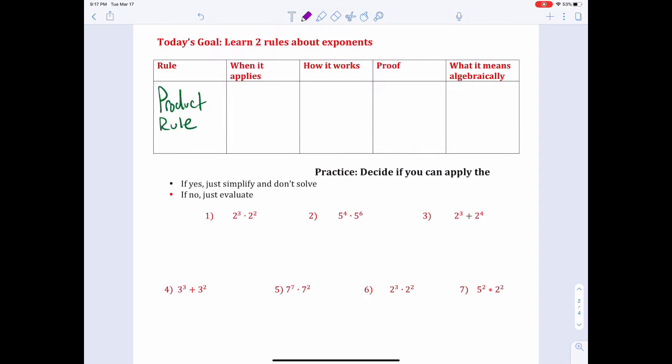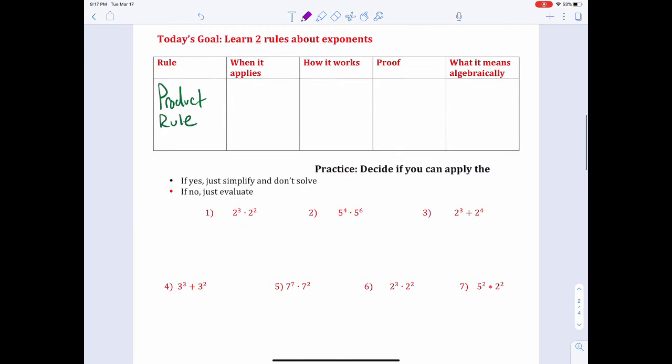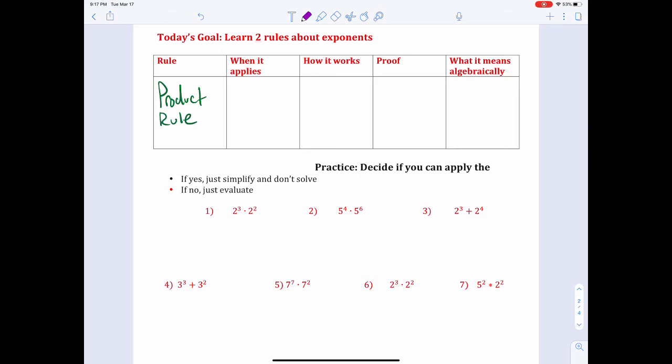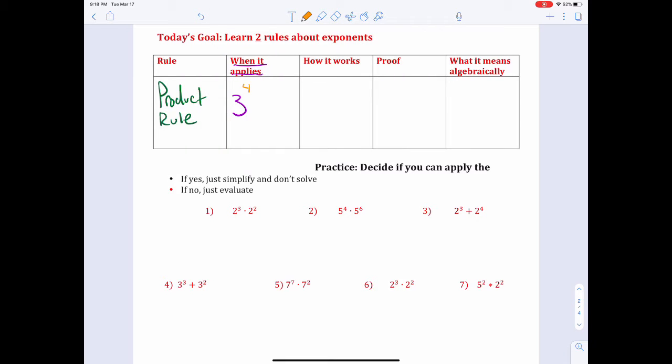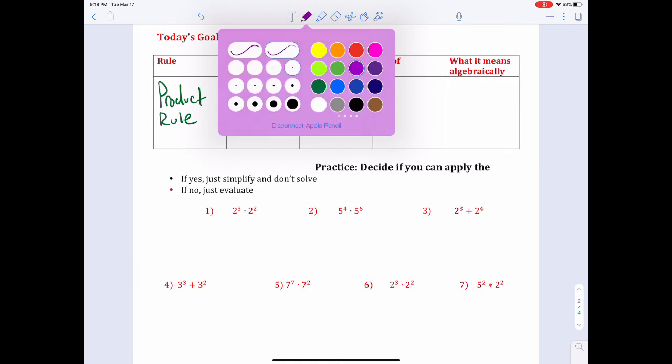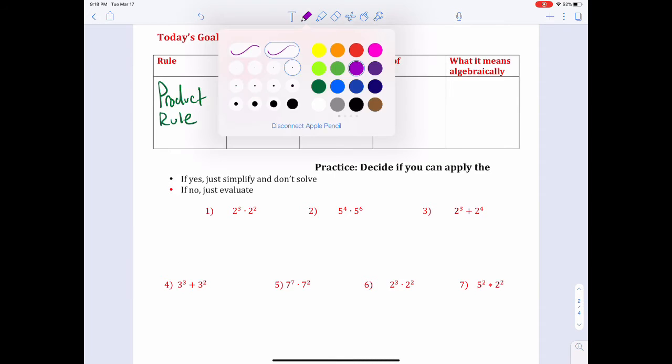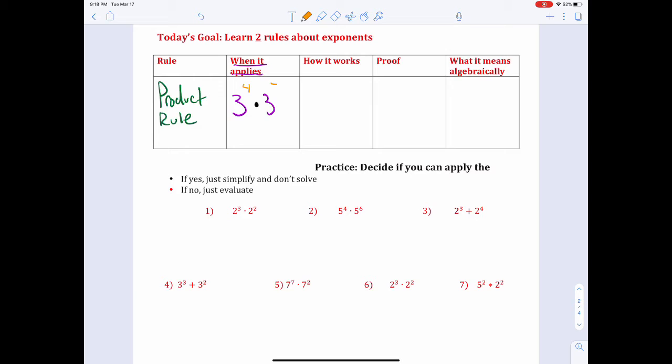So, let's say we have, this is when it applies. You're only allowed to use this rule when you have something like this. Say you have 3 to the 4th power times 3 to the say 7th power.